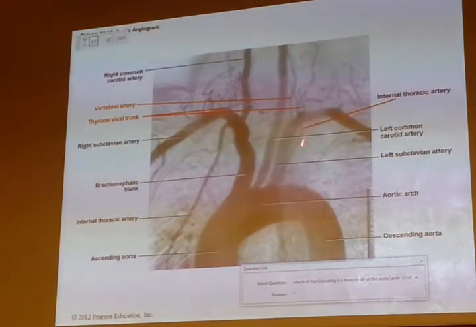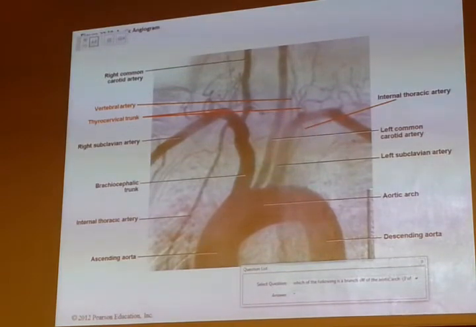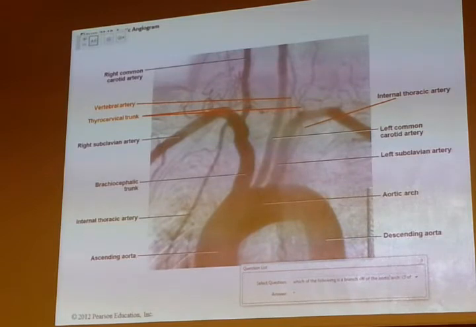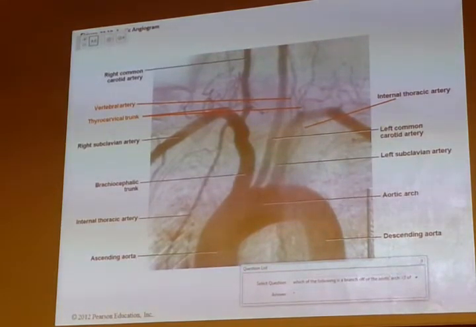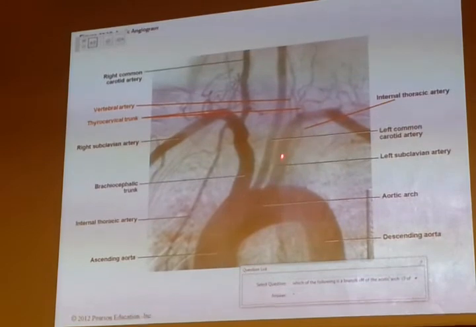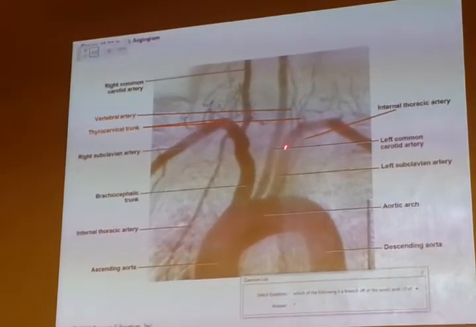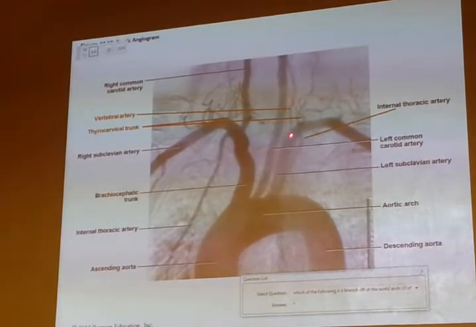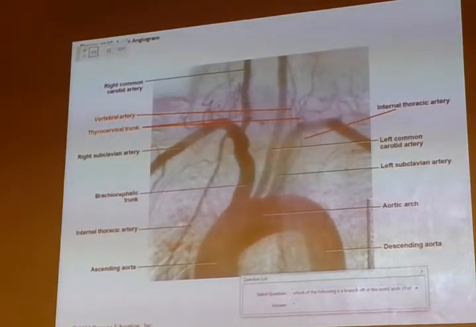It's right here, but it's obscured by the tissues on that side. So next after the trunk is your left common carotid, then left subclavian, and coming off the subclavian, your vertebral, and then your thyrocervical trunk.